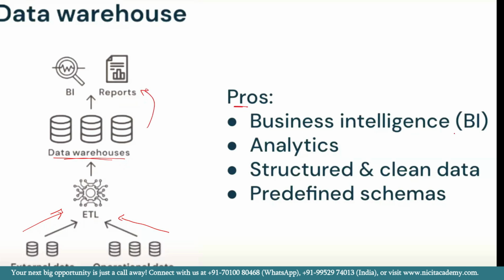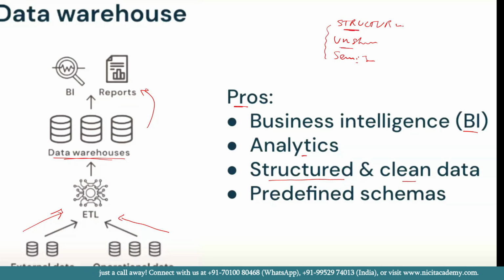We can use it for BI analytics, and the data is structured and clean. In the first session we talked about structured, unstructured, and also semi-structured data. So these three types of data we discussed.